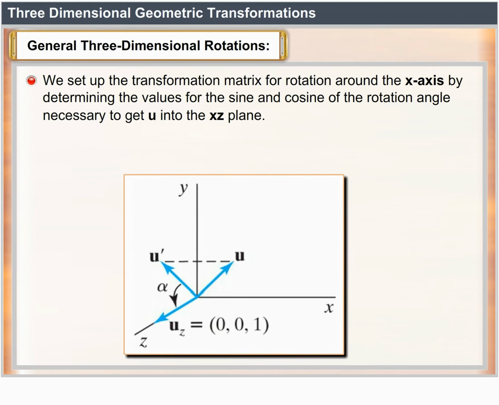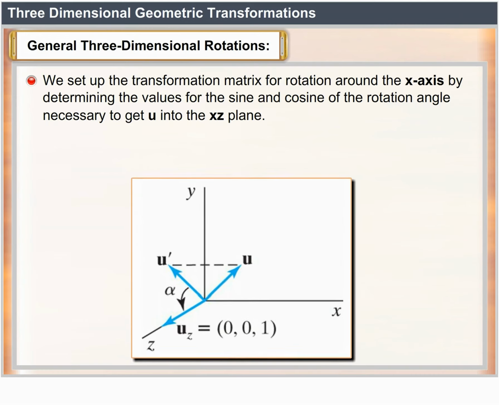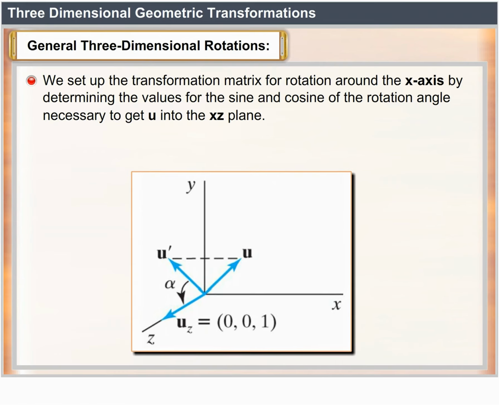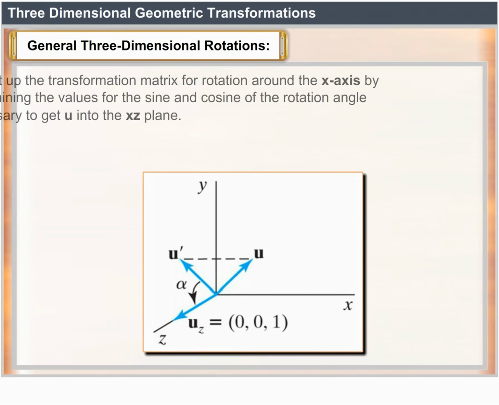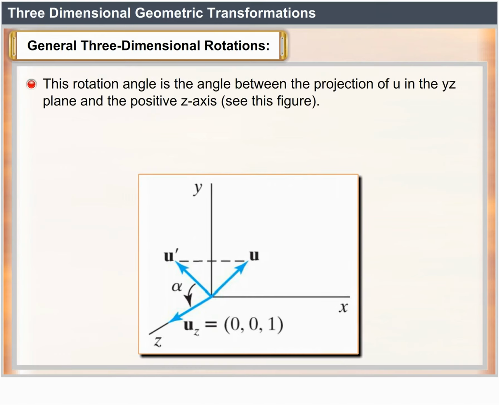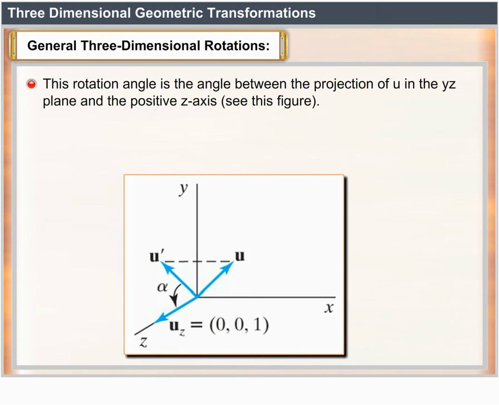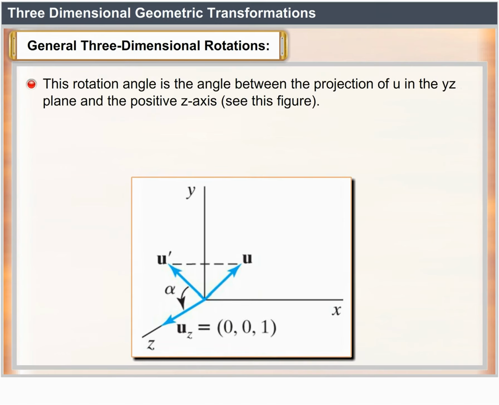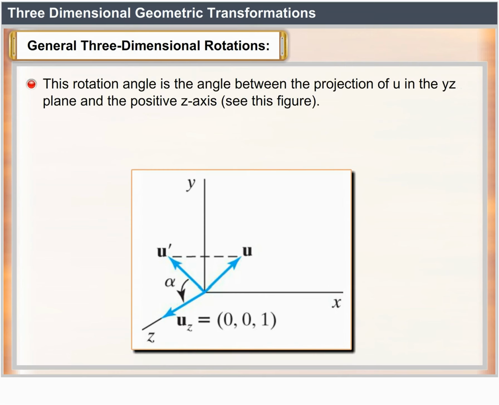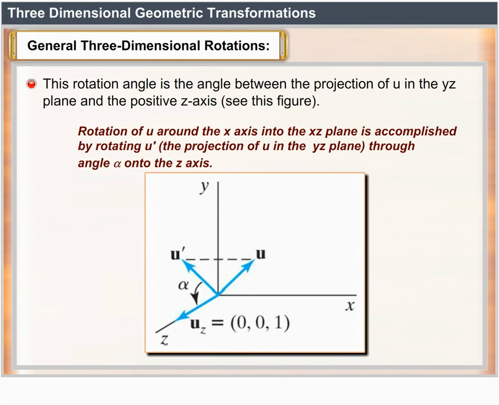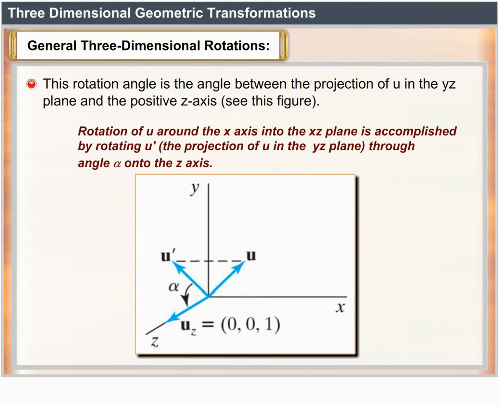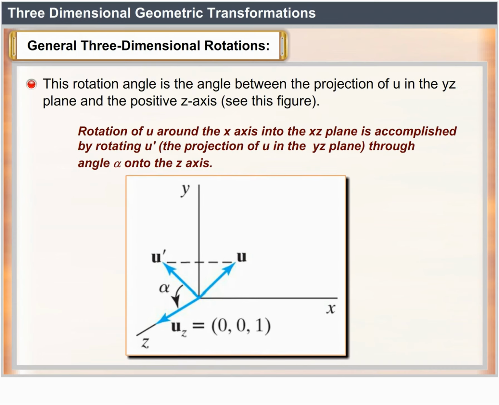This rotation angle is the angle between the projection of u in the yz plane and the positive z-axis. See figure. Figure shows rotation of u around the x-axis into the xz plane, which is accomplished by rotating u dash, the projection of u in the yz plane, through angle alpha onto the z-axis.